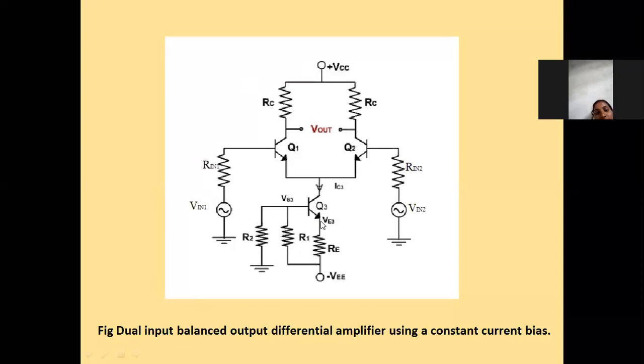That means I have used another transistor, that is Q3, and to the emitter of this Q3, again I have connected a resistor, and to the input of Q3 I have connected two more resistors, that is R1 and R2, where R2 is grounded but R1 is again connected to RE, and this type of pattern we can say that.